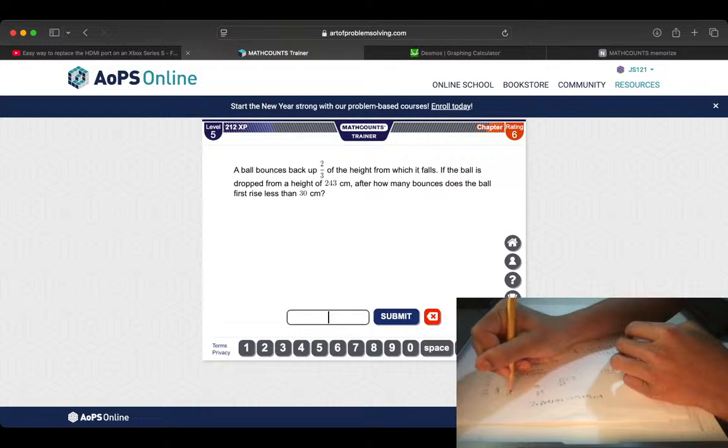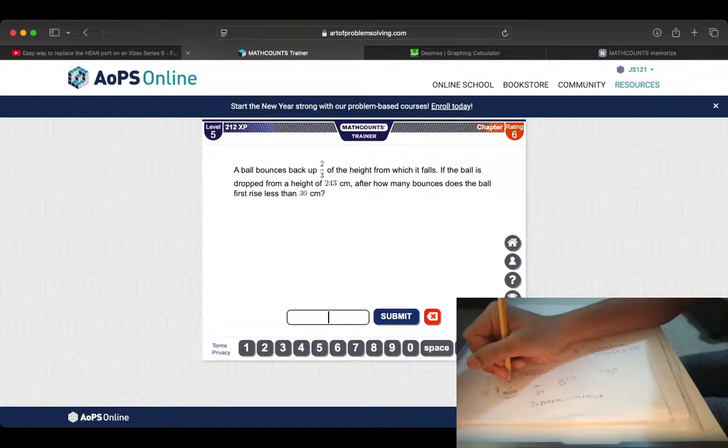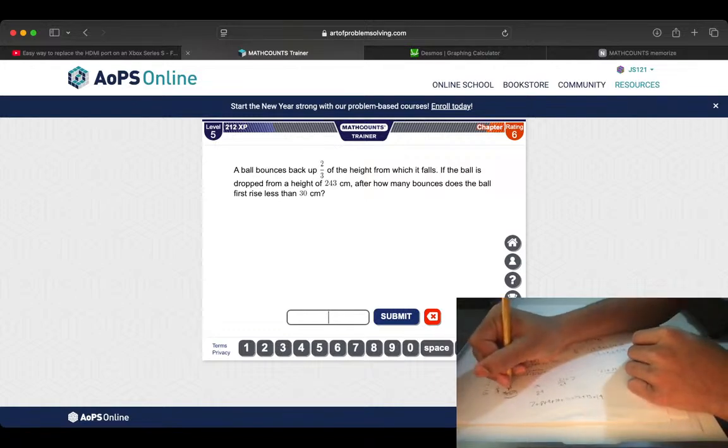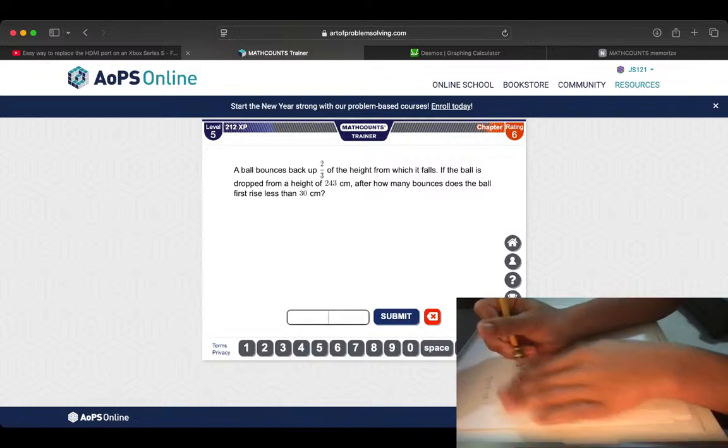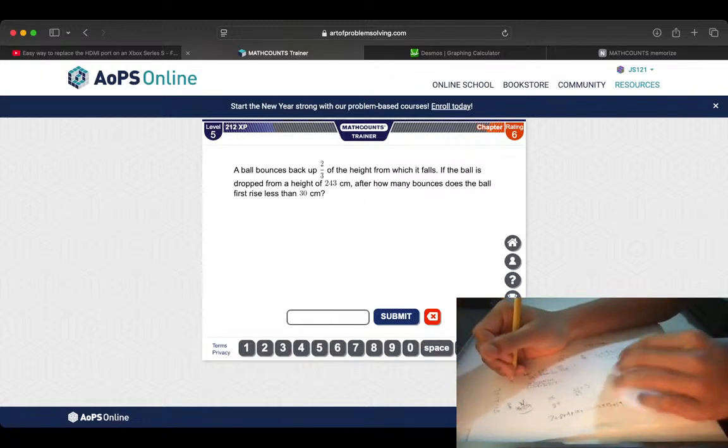Okay, so it's just 2/3 to the power of x is equal to, should be less than or equal to, actually no, it would be just less than 30.